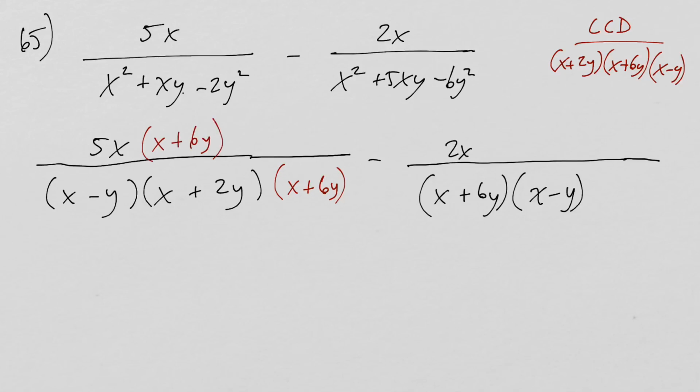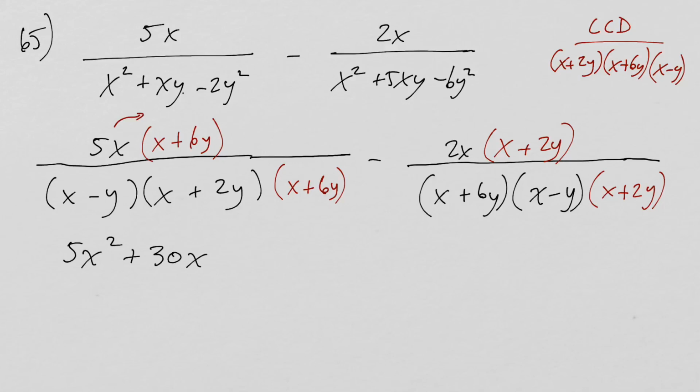This one on the right, I'm missing the x plus 2y. So I need to multiply it by that on the top and bottom. Okay, now I'm going to distribute this, and I'll get 5x squared plus 30xy.